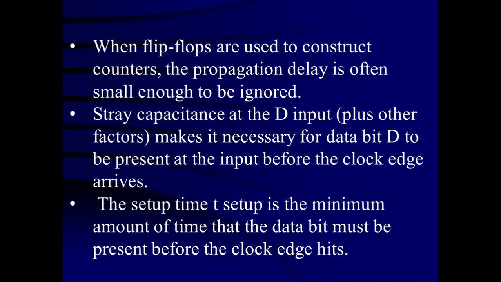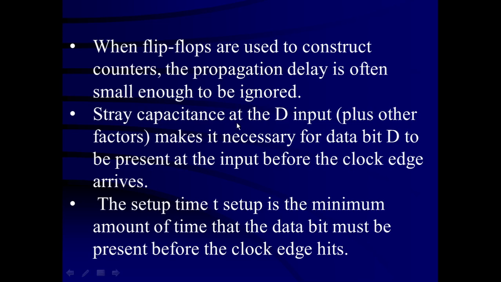That means whether the positive edge or negative edge of the clock pulse is to arrive, the data has to remain present prior to that. So the minimum amount of time prior to the clock edge that the data has to be present, only then is guaranteed operation possible. This time is called the setup time.